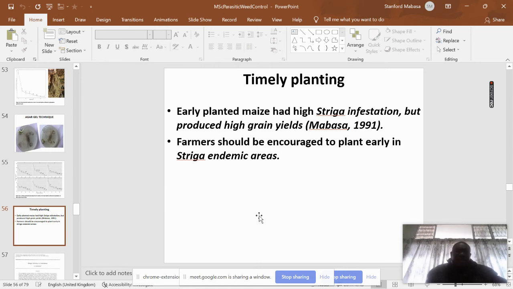So early planting should be recommended. But of course, it should be supported by hand weeding or pulling to avoid Striga seed addition. So farmers should be encouraged to plant early in Striga endemic areas.